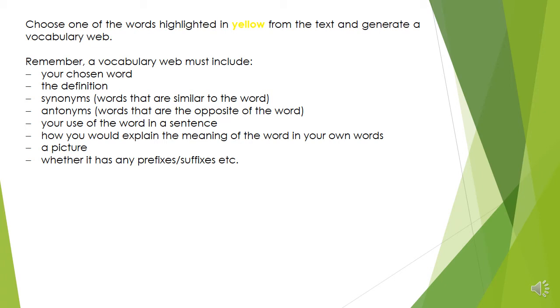And you might want to write down if it has any prefixes or suffixes attached to it. So remember, a prefix is something that goes at the beginning of a word. So for example, if your word was arrange, we could put re at the front to make it rearrange. And then a suffix is a set of letters that go after the word.